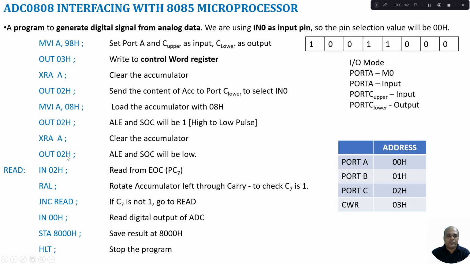So this is how an ADC0808 IC, analog to digital converter, can be used for reading the data from a sensor.